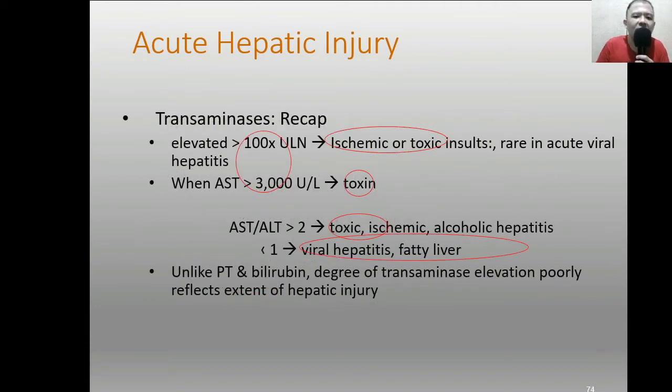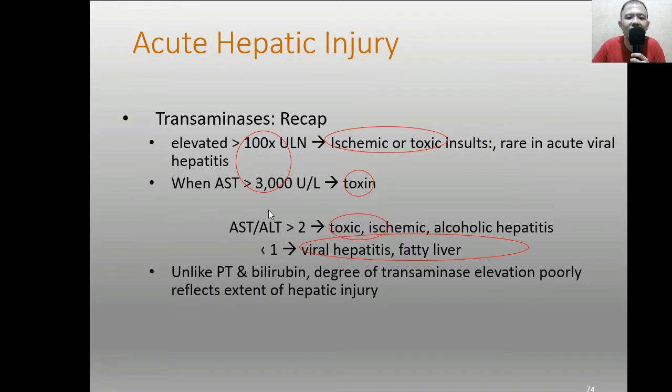Okay, let's do a recap about transaminases such as the AST and ALT. If the cause is ischemia, that shows an elevation of more than 100 times the upper limit.